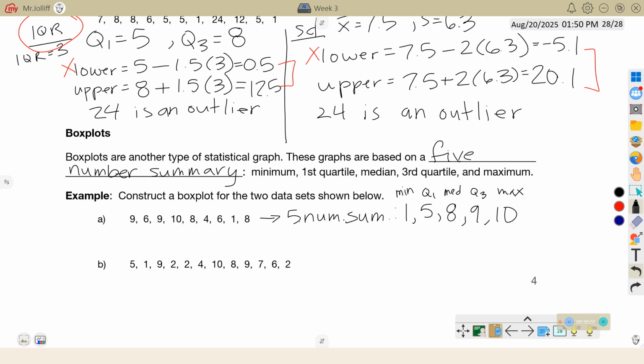Okay, box plot. First, I need a number line. Number line needs to go from min to max, just like I was doing a dot plot. Let's do that below because I'm going to run out of space.